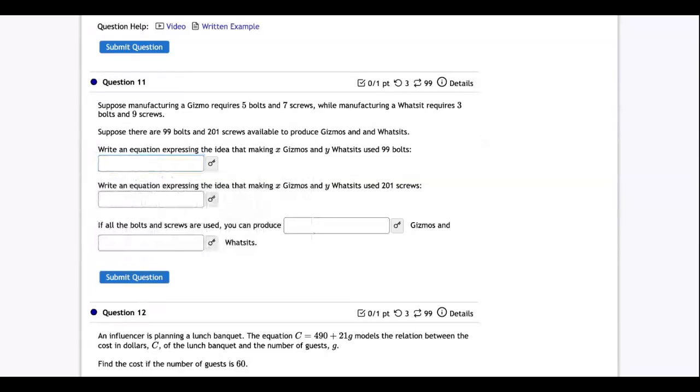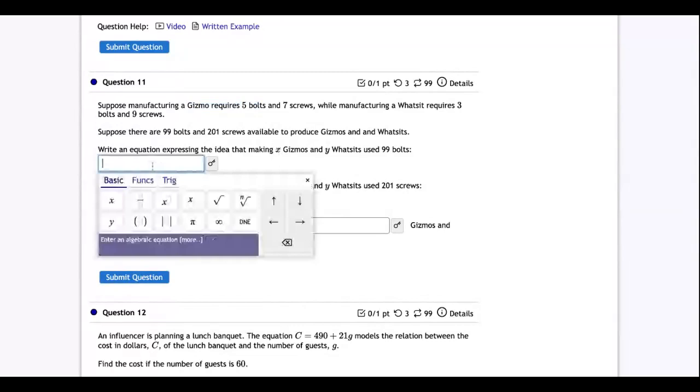Okay, let's finish talking about 11, then we go to 23. Gizmos require 5 bolts, right? If we want to make X gizmos, that's 5X.